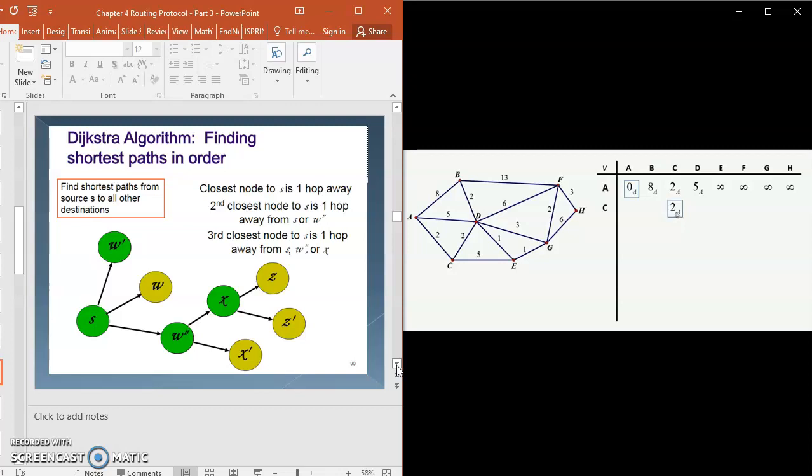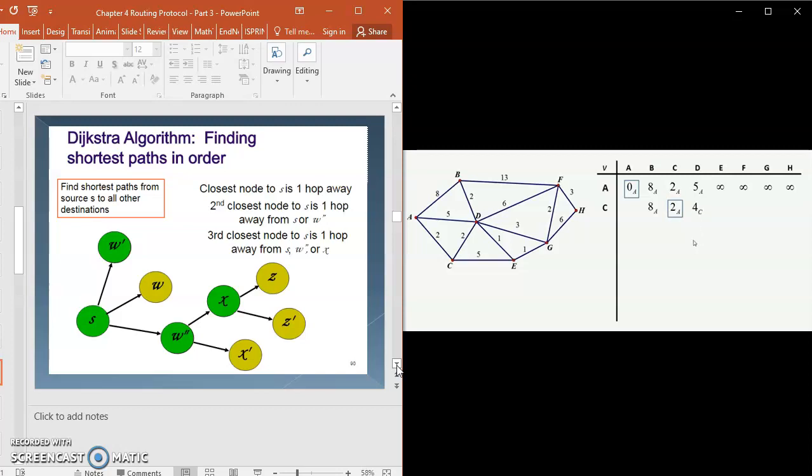The next question is, can I get from C to B, D, E, F, G, or H with any shorter path than what I've got so far? Well, I can't go directly from C to B, so that 8 underneath the B column is unchanged. I can get to D, however, from C with an additional weight of 2. 2 is the minimum to get to C, and if I add 2 more, that makes 4. 4 is better than 5, so I'll mark that down here, and I'll put a C as a subscript, indicating that C was the vertex I came most recently from.